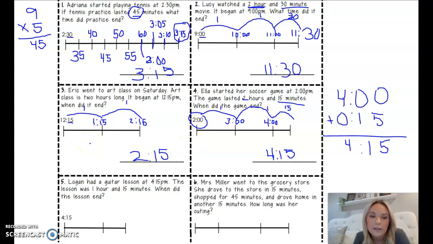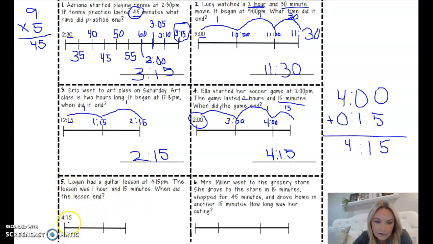It always helps me to have this little, what do you call it? This little line here to kind of help me count time, just to kind of keep track of it. Eventually you learn to do it in your head, but this is one way that can help you keep track of the time that you need to keep track of.